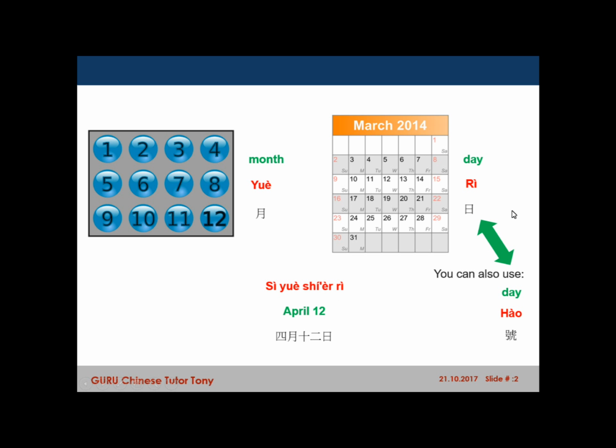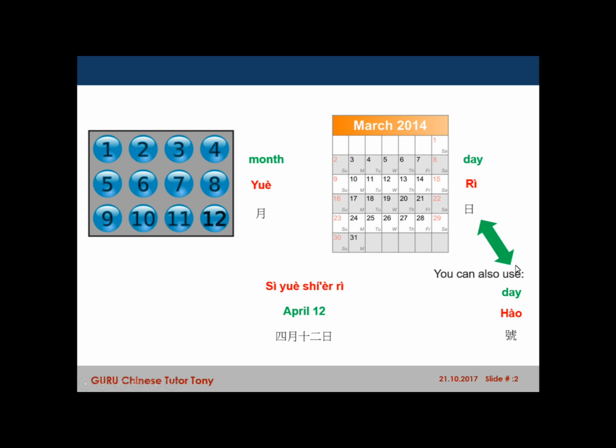Here I want to talk about how we can also use 号 instead of 日. Basically, they are all the same, 日 and 号. So you can also say 4月12号, April 12. 4月12日, April 12, or 4月12号.